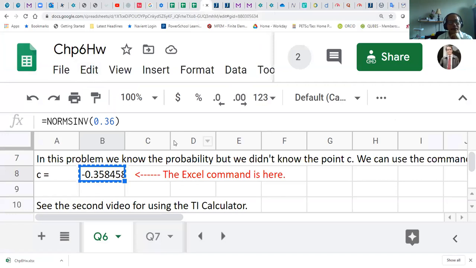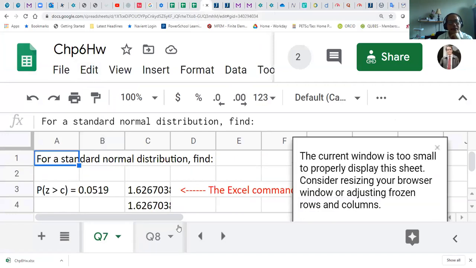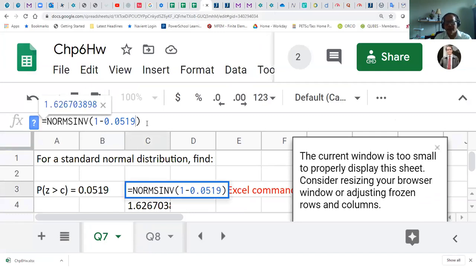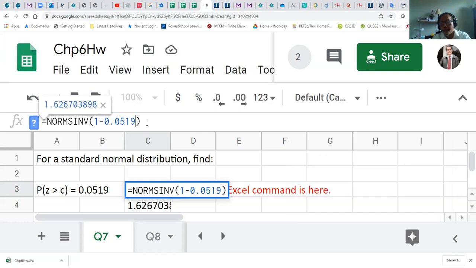And okay, number 7. Number 7 is greater than, okay. So yes, you can replace this. That's why you need to start from 1 as you are looking for the greater than, right? Okay. So you need to put it here.